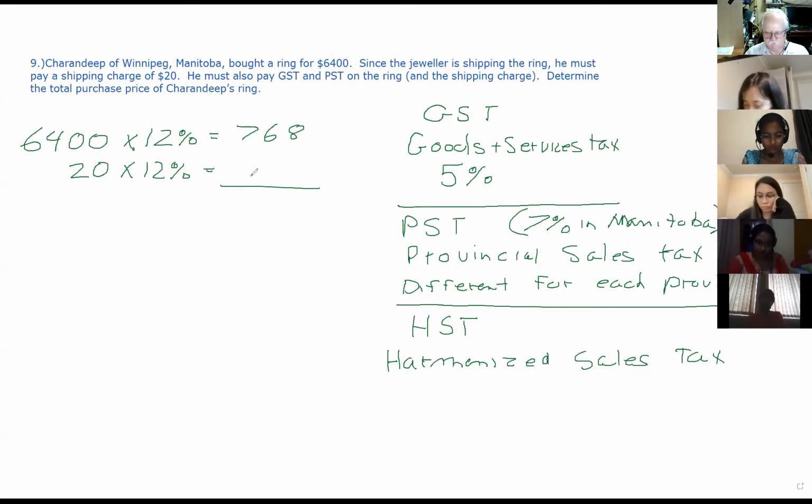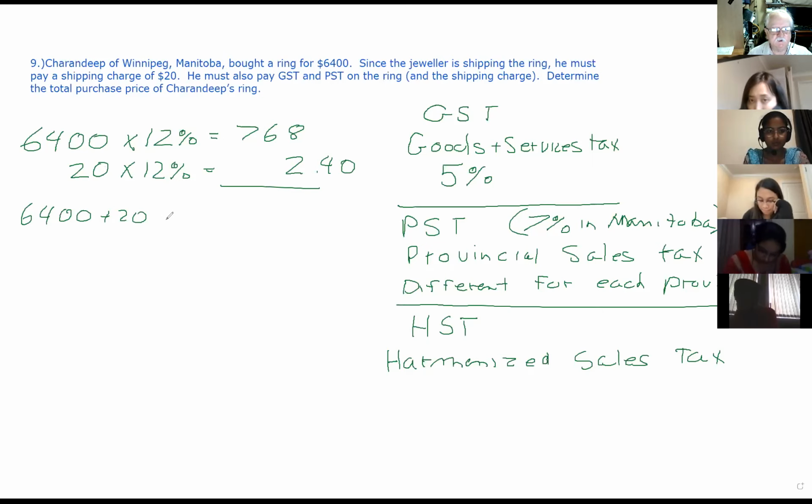And the 20 times 12% is $2.40. So basically we'd have to add up 6,400 plus 20 plus 768 plus 2.40.